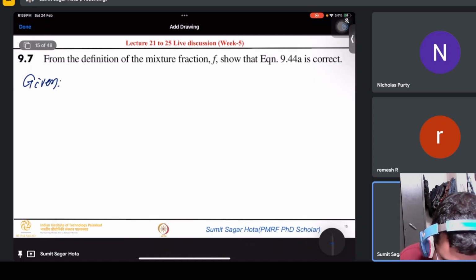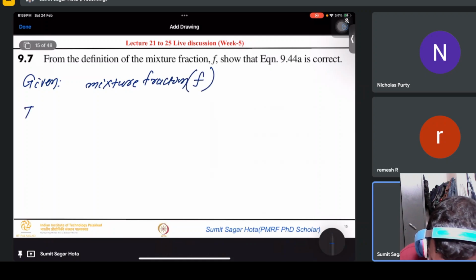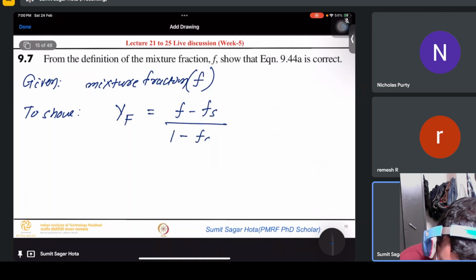YF equals F minus F stoichiometric divided by 1 minus F stoichiometric, equation 9.44a.